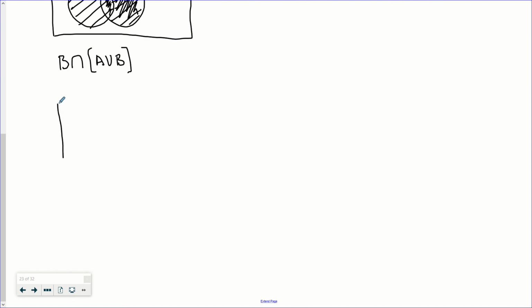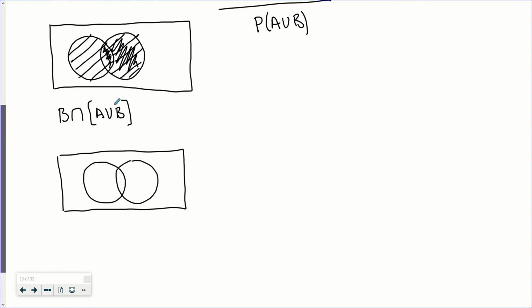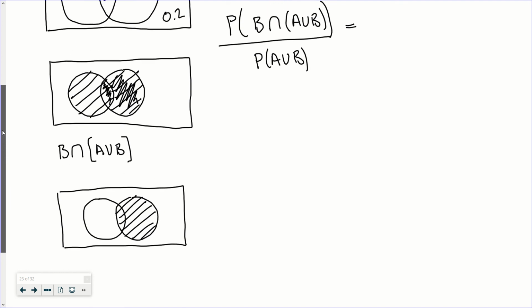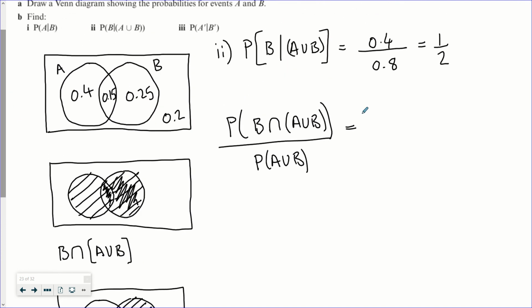So we know that we're within the B circle. But we also want to be within this set, which is A or B. Well, A or B is anything within the circles, A union B. So actually, if I do the intersection of B and A union B, I just end up with B. So the numerator is just the probability of B happening, which is 0.4.